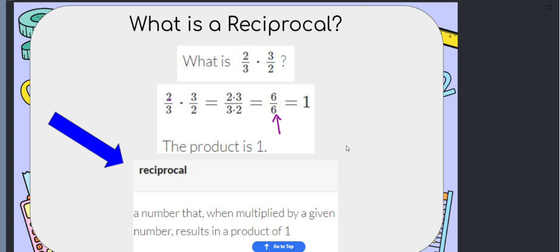So we're just switching them. Okay? And when you multiply a number by its reciprocal, you get 1. That is really important. Let me say that again. When you multiply a number and its reciprocal, you get 1. That's what happened here. We got 1. Okay, so keep that in mind.